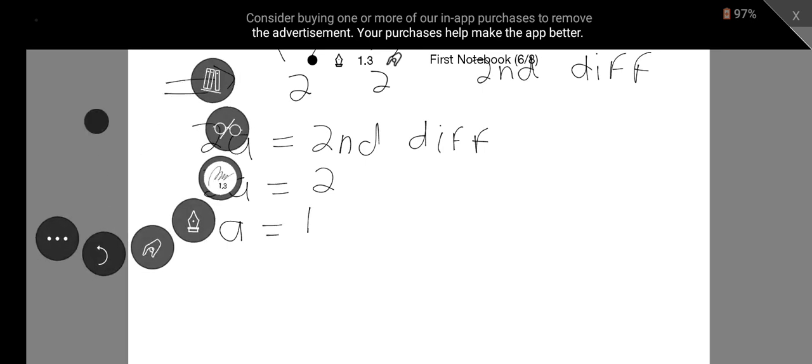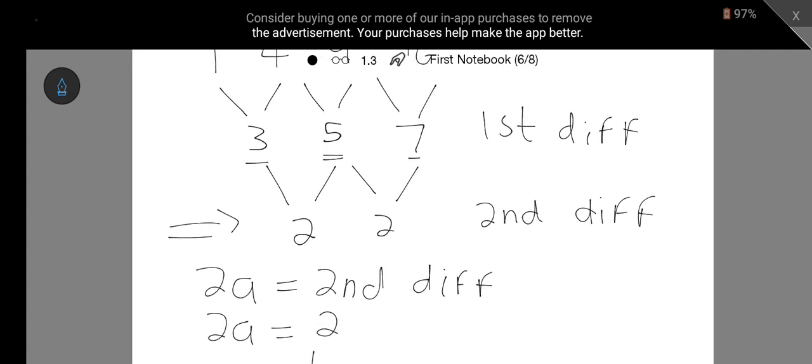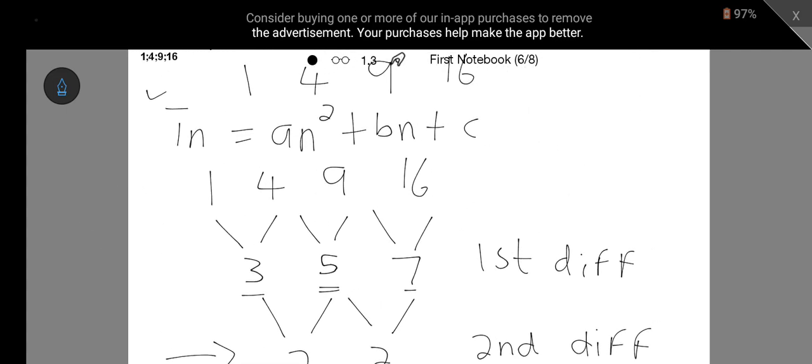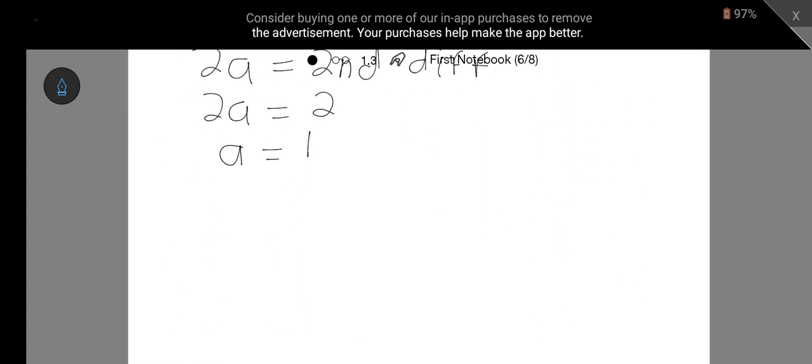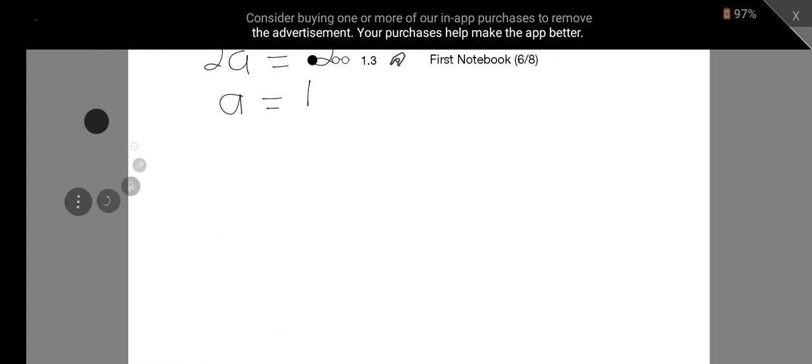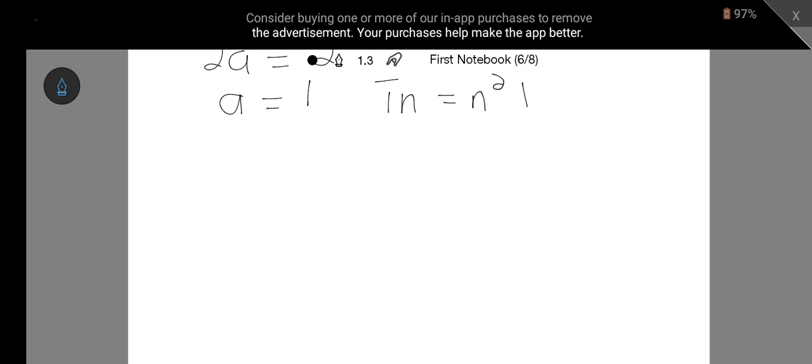Then we're going to go to our defining formula, Tn equal to an squared plus bn plus c, and plug in the value of a. Now Tn is equal to a, which is 1. We can just drop it. Then we can write n squared plus bn plus c.